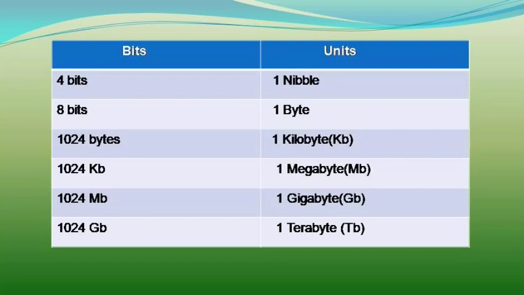For 1024 kilobyte, the unit is 1 megabyte. For 1024 megabyte, the unit used to measure the capacity is 1 gigabyte. For 1024 gigabyte, the unit is 1 terabyte. Is it clear, students? Yes.